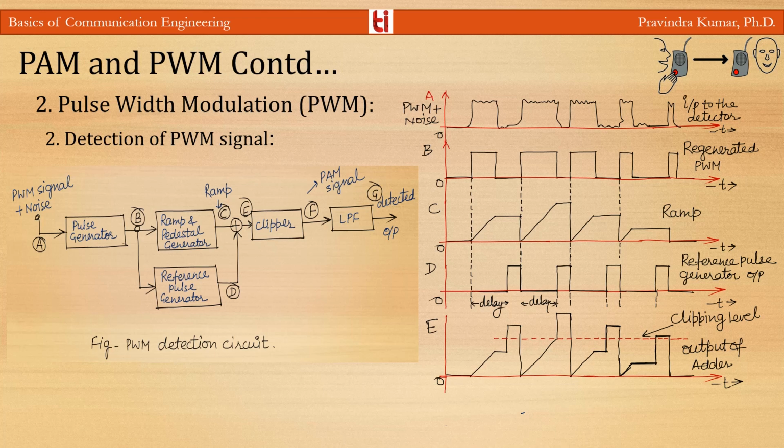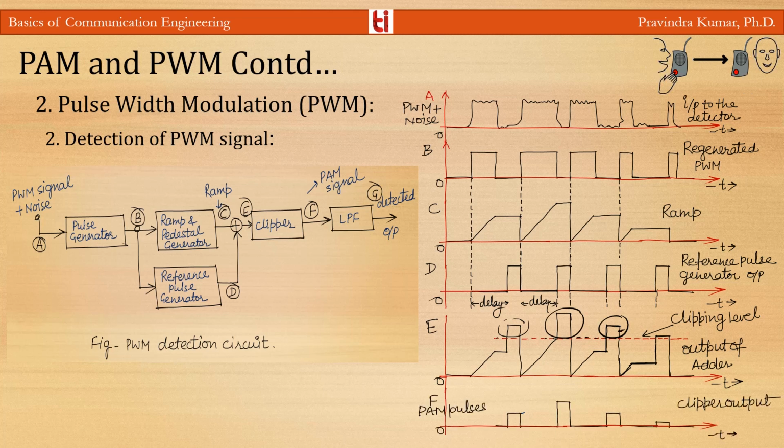It will be the reference pulse generated output, and after adding these at point E, this is the output of the adder, and this upper value is the clipping level. So we will get these clipped values after passing it through the clipper, and these are the pulses, and the amplitude of these pulses is varying.